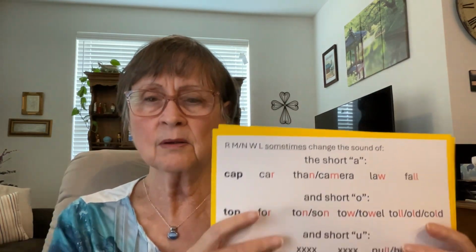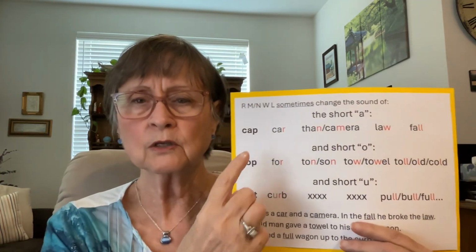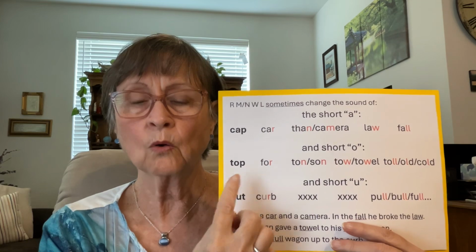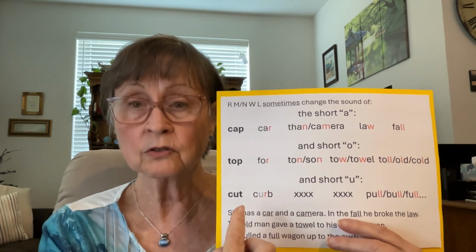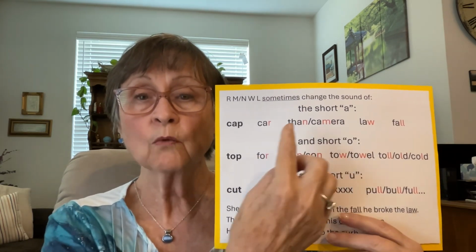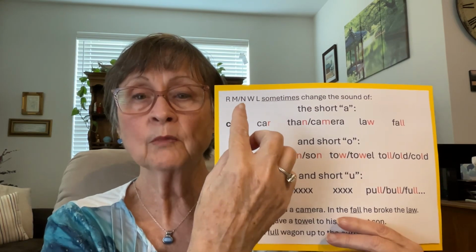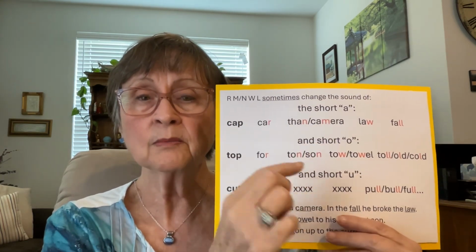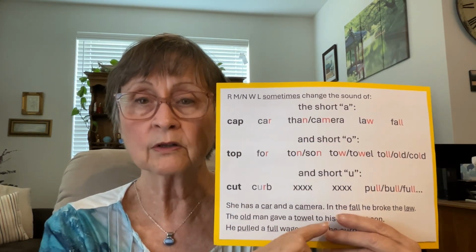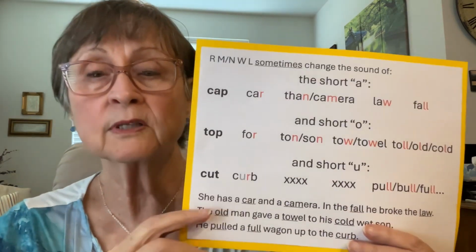Now, that's the main point I wanted to make in the lesson, but I want to point out that sometimes what should be a short A or a short O or a short U gets changed, and it's because of what follows it. R, M or N, W, and L sometimes change that short vowel sound, and so I'm going to give you a few examples.